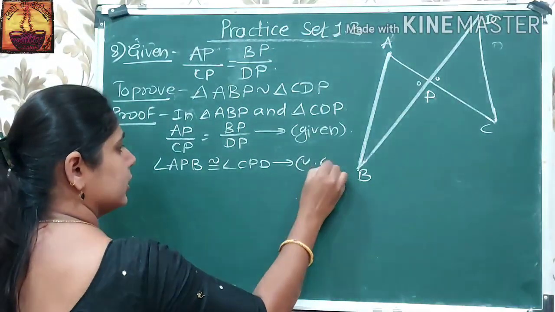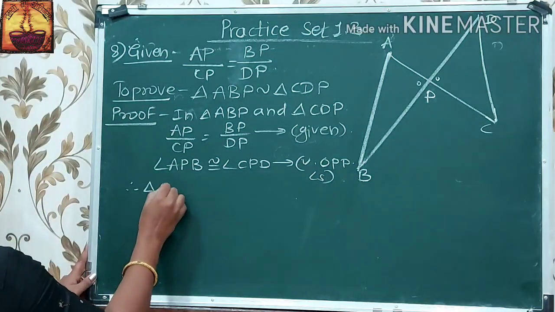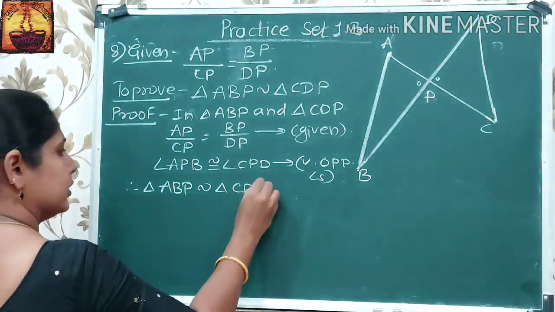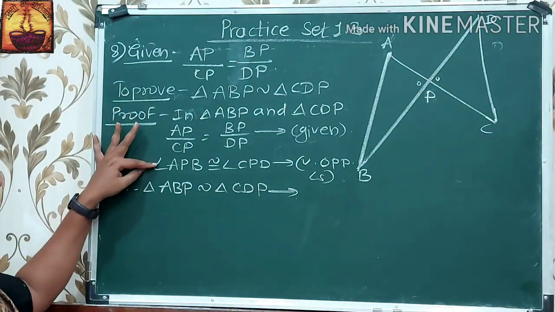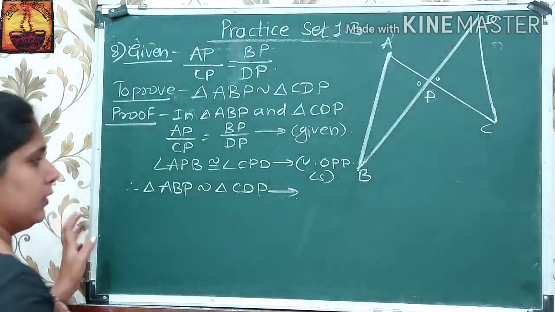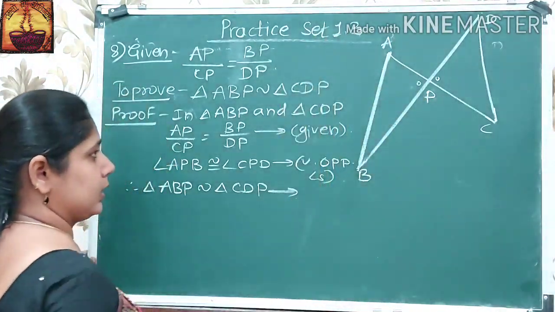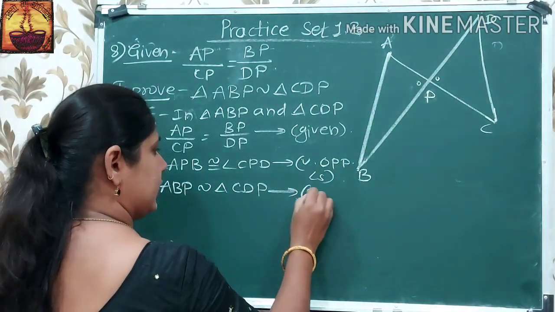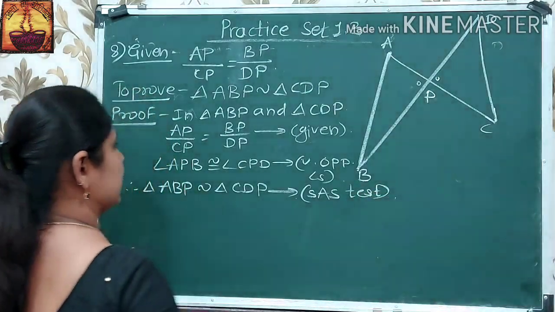These are vertically opposite angles. Therefore, triangle ABP is similar to triangle CDP, by which test? Here two sides are in proportion and one angle is congruent angle. Therefore, these two sides and the included angle, it means side angle side, SAS test of similarity.